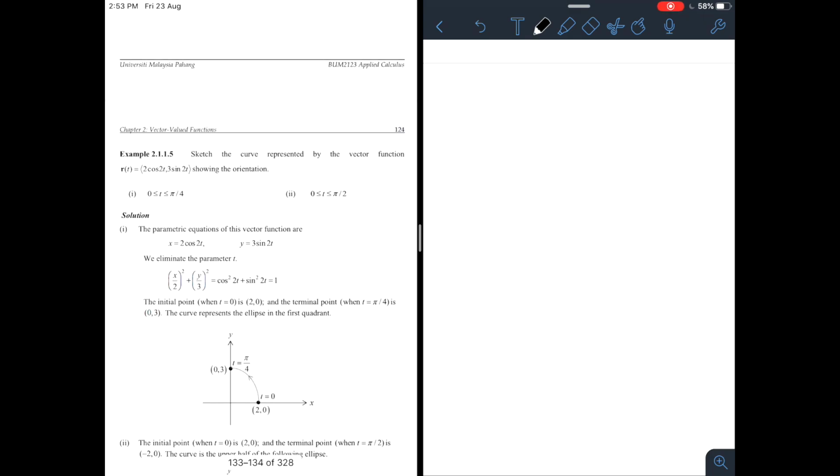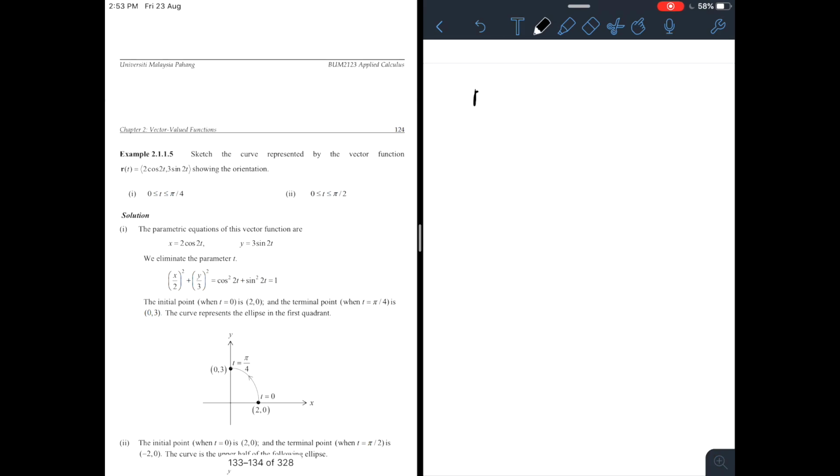Let's take a look at this example, which is quite different compared to the previous examples, where this time around the range for t is given. For question 1, the range for t is in between 0 and pi over 4. So instead of having the whole curve, you will sketch the curve according to the range given to you.